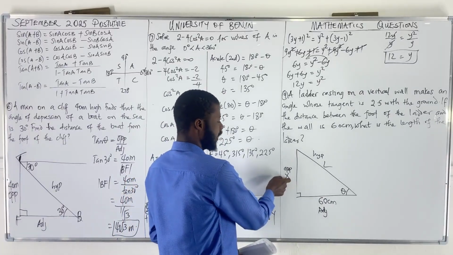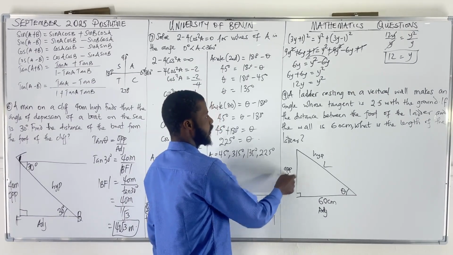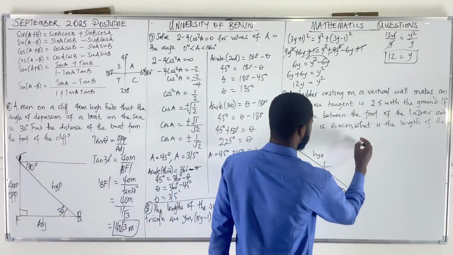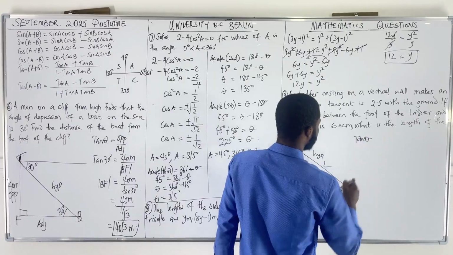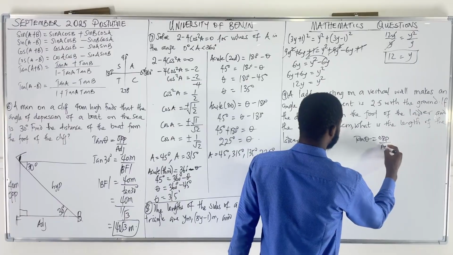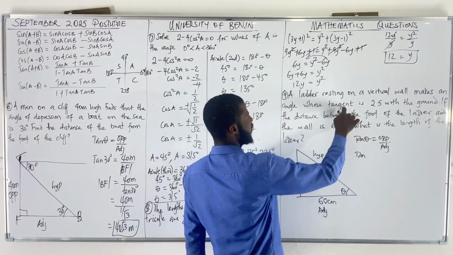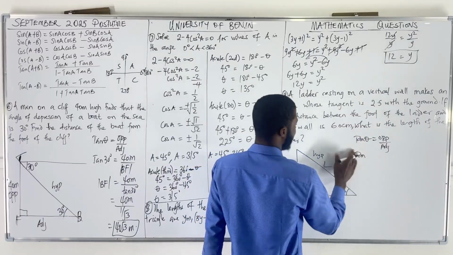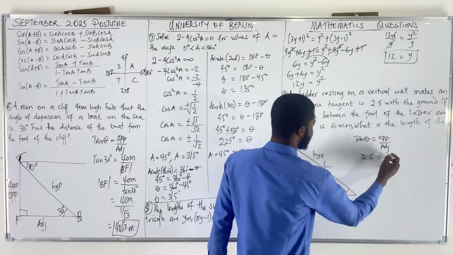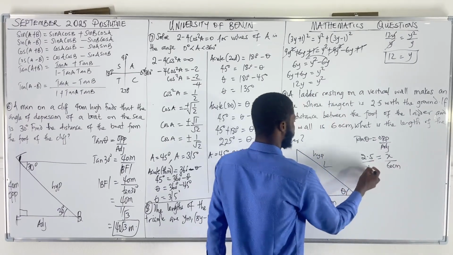So let's first of all find the opposite. Let me call it x, because tan is opposite over adjacent. So tan theta is equal to opposite over adjacent. They said that the tangent of the angle is 2.5. So this will be 2.5 equals opposite, which is x, over adjacent, which is 60. So put over 1 here.